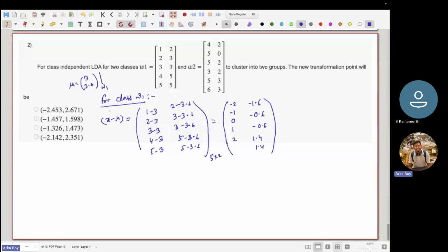Then over here it would be 1.6 square. I can write minus also, but I'm omitting it because a square and minus a square are the same. Then 0.6 square, 0.6 square, 1.4 square, and 1.4 square. So if you solve this particular thing, let me just calculate.